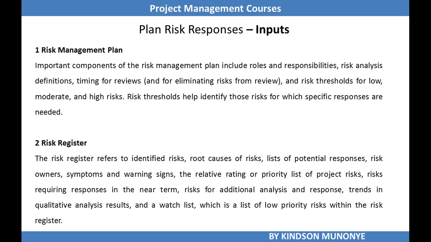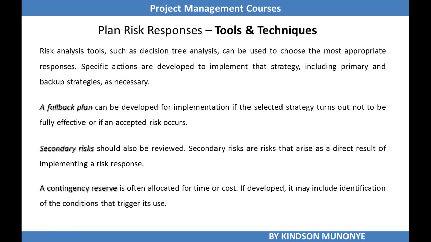So the risk register contains a whole lot of information, we call it metadata, about each of the risks that has been identified. So we need it for us to be able to plan the response for each of the risks identified.